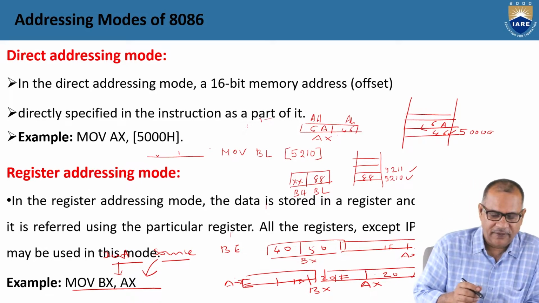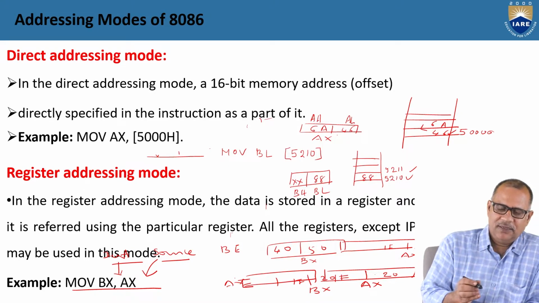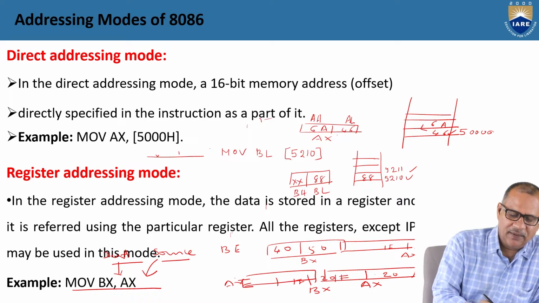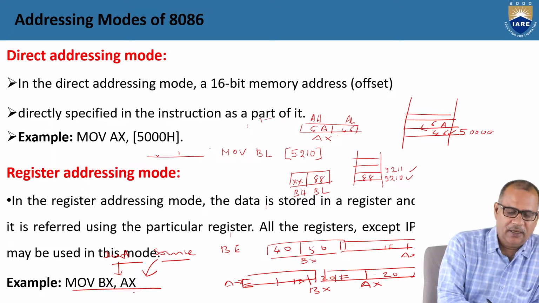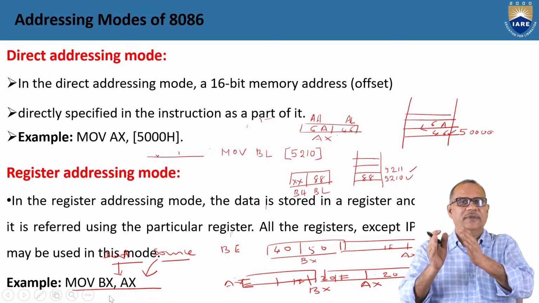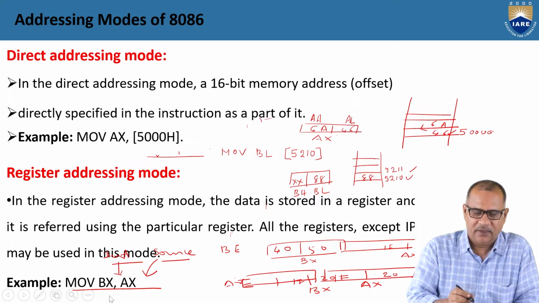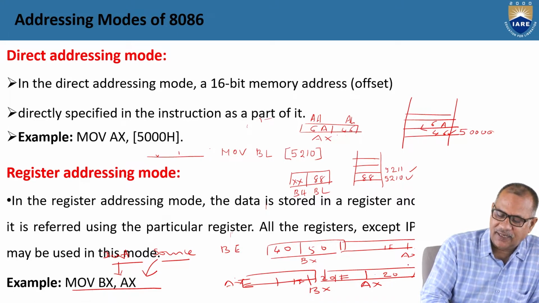For example, if you see MOV BX, AX. What is here? AX is the source register and BX is the destination register. So the data transfer takes place from the AX register to the BX register. Before execution, let us say the contents of AX are 1F20 and the contents of BX are 4050.